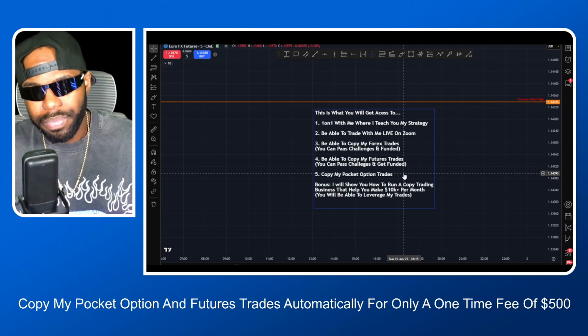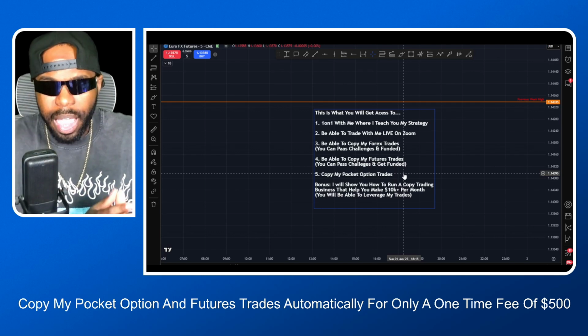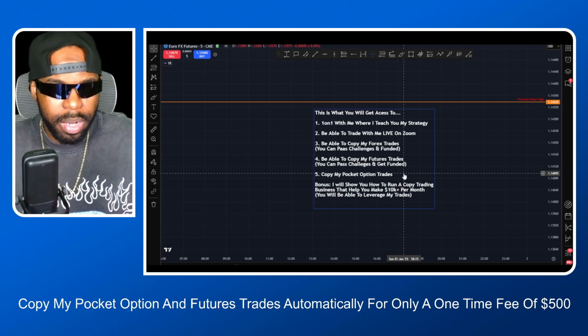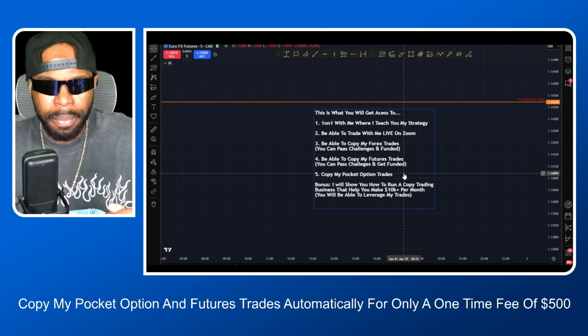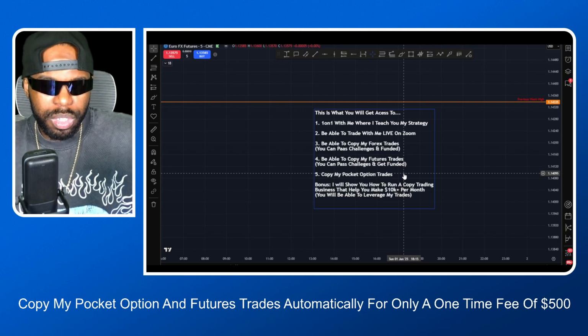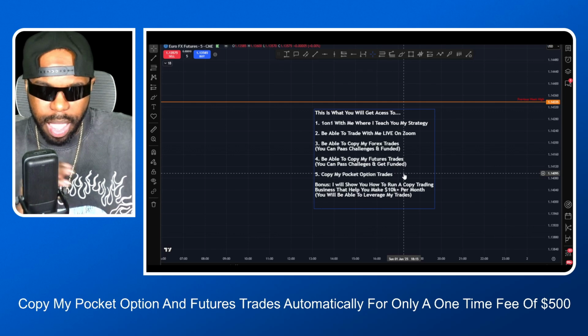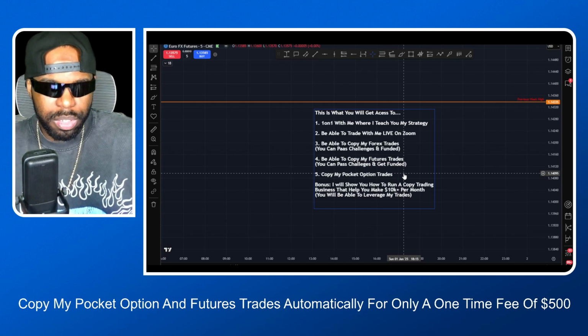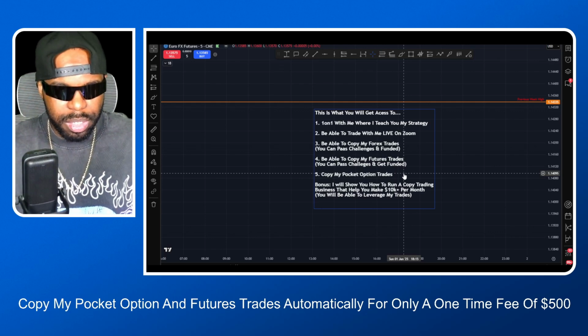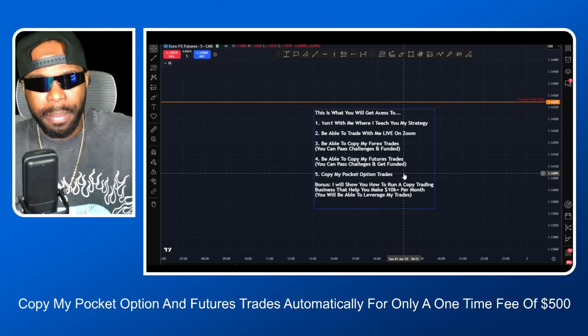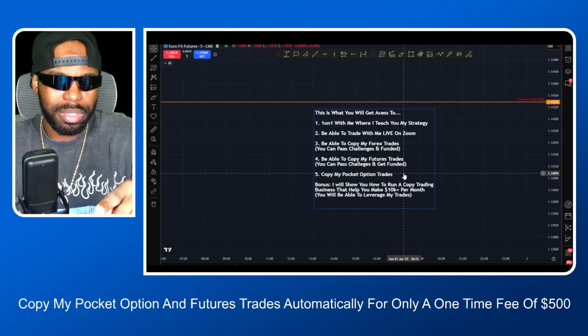And not only that, if you're not ready yet, or not comfortable allowing people to copy your trades, I'm going to allow you to leverage my trades. You sell the service, whatever price you want, and you'll be able to leverage my trades to be copied to your people's accounts.